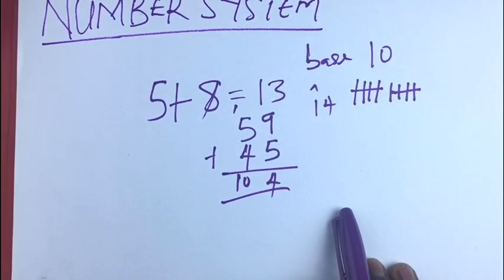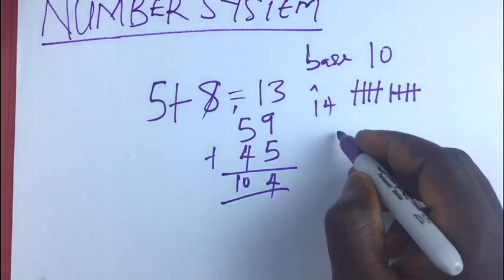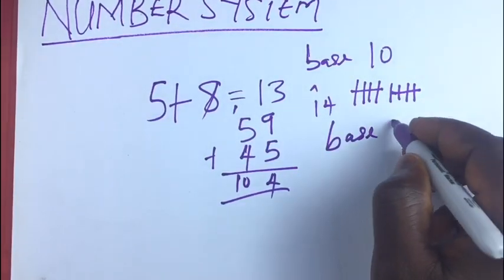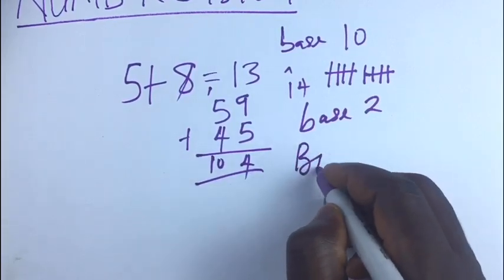Now another interesting base system that we would concern ourselves with, because this is JAMB, this series of videos I'll be doing on this number system will be majorly JAMB questions. So the other number base system that is important is base 2, or you can call it binary numbers.